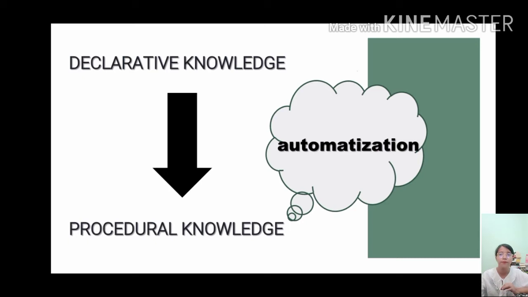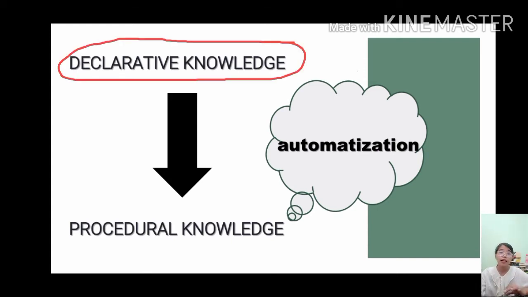Now let us define declarative knowledge and procedural knowledge in the context of second language acquisition. Declarative knowledge tells us that to form the present perfect tense, part of the verb have is followed by the past participle, and the past participle is formed by adding ed to the stem form.